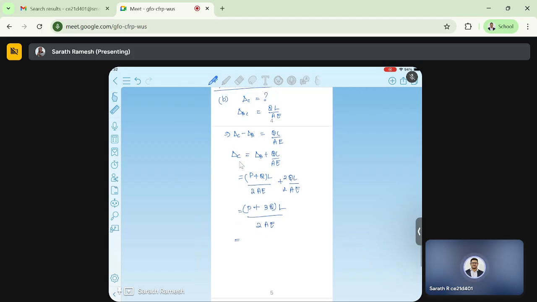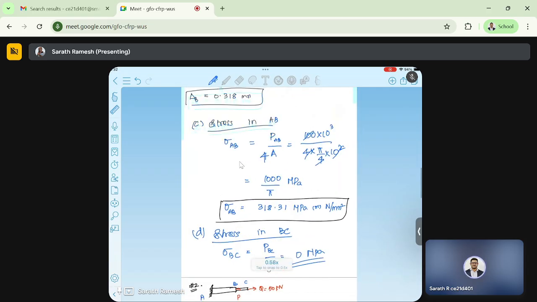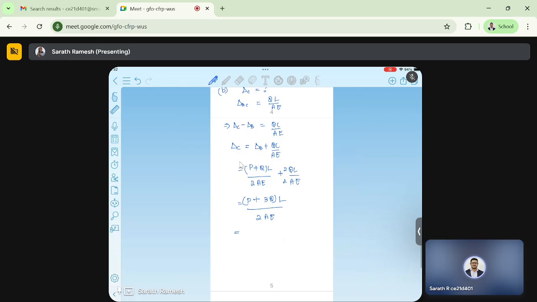So let's substitute everything back. P is 100 kilonewton, Q is 50 kilonewton. So 100 plus 3 times 50, all in kilonewton, into 10 power 3.